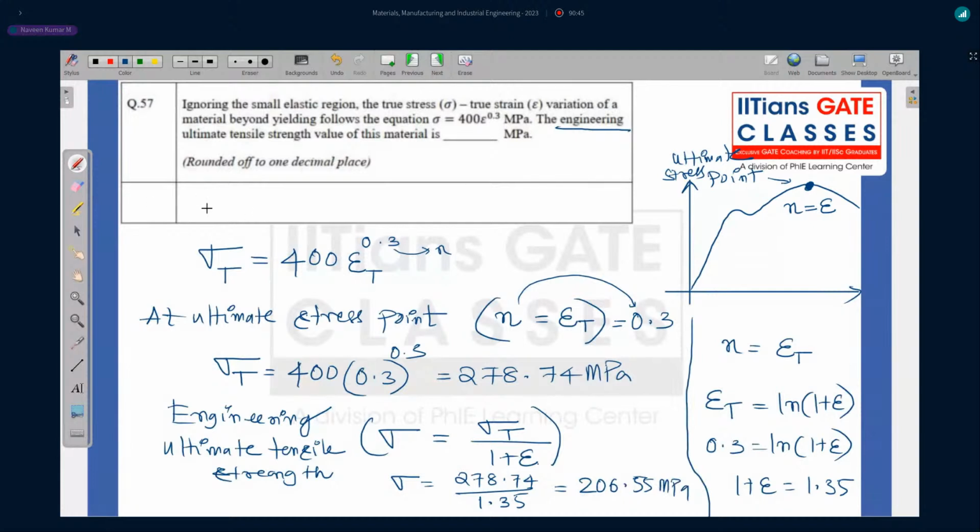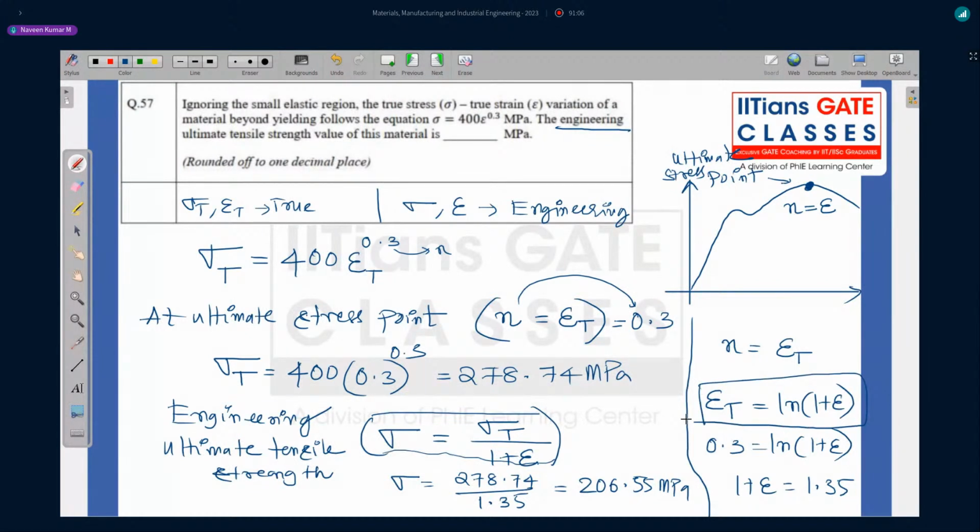Here epsilon t and sigma t are true, and e and sigma are engineering. And if you remember, we have derived this also. These are the formulas we have derived.